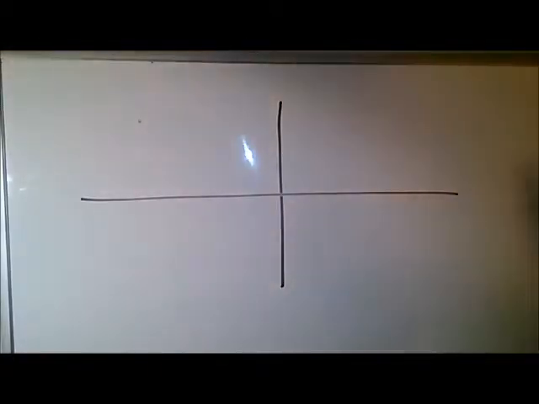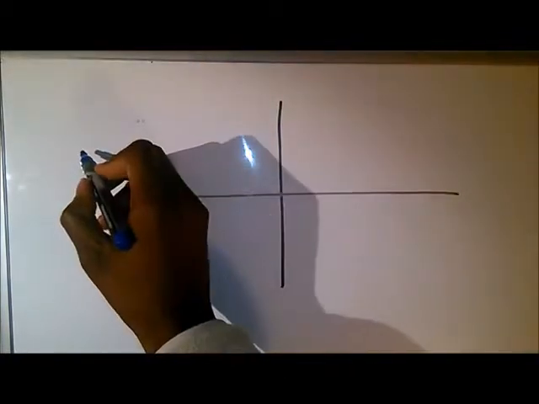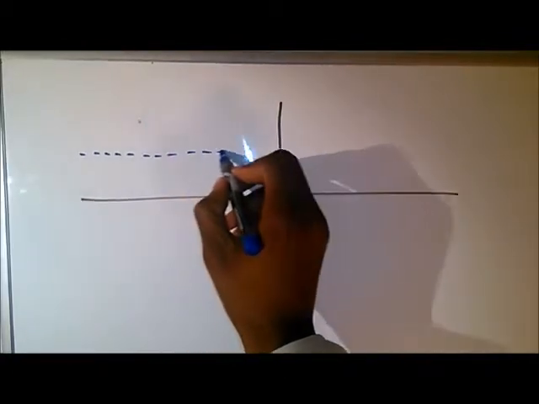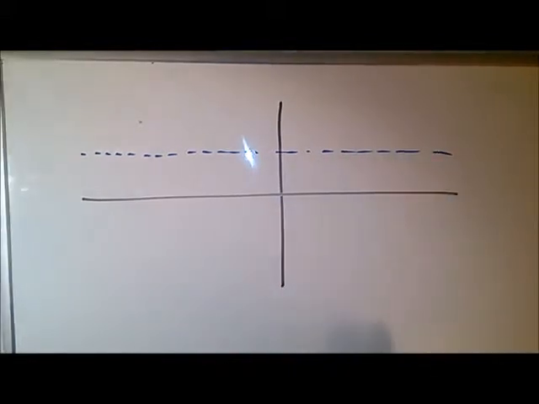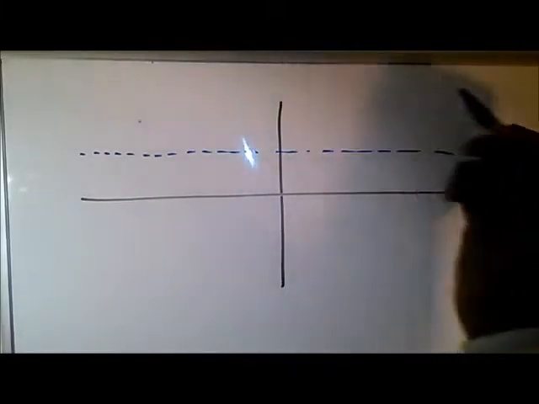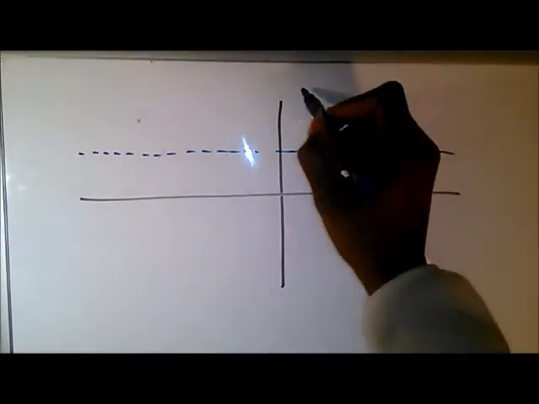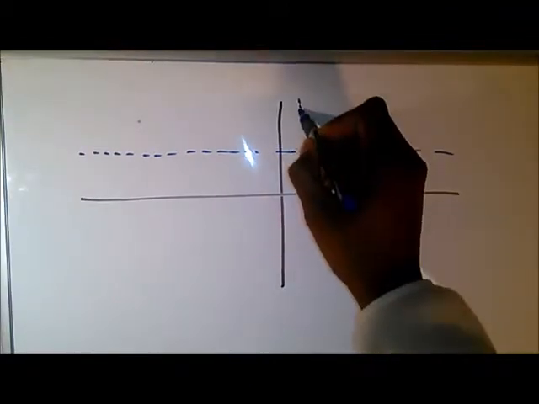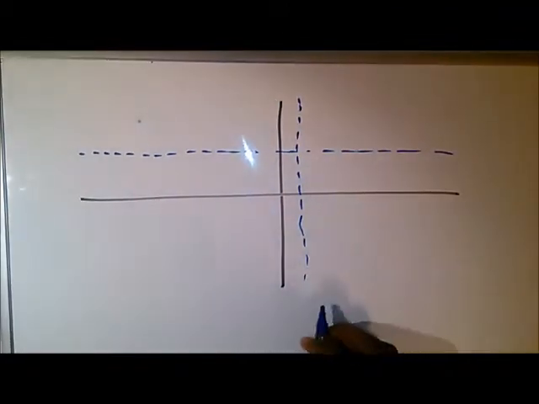Now, in order to graph a rational function, you have to know a few things. You have to know what an asymptote is. Basically, asymptotes are these invisible lines. They may go horizontal, those are horizontal asymptotes. Or they may go vertical like this. We call these vertical asymptotes.